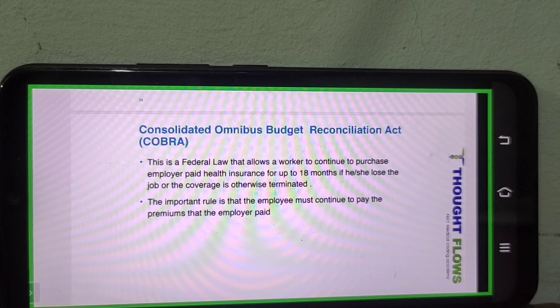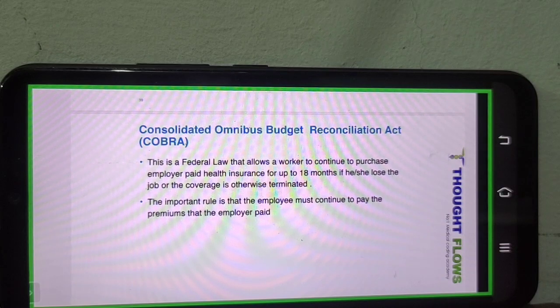I am just saying this word for your understanding purpose. So the patient lost their job. In that case, that patient can get the treatment under worker compensation up to 18 months.